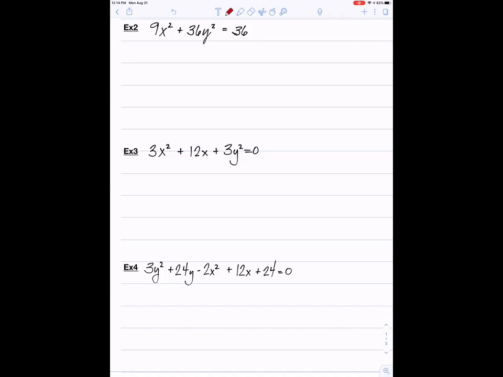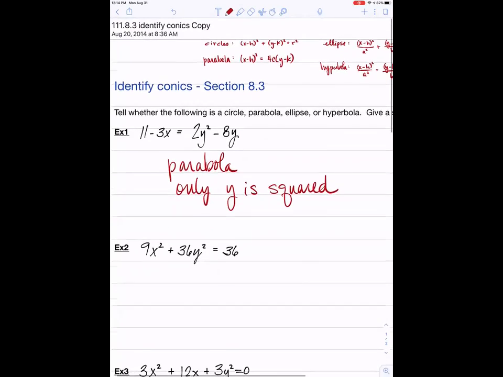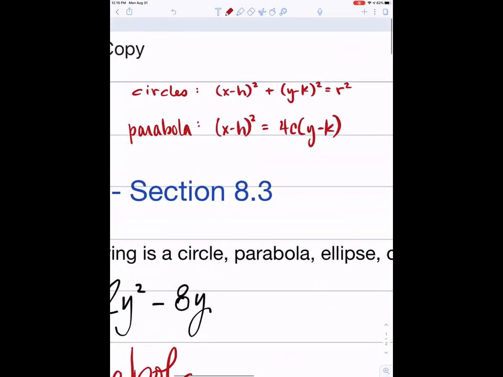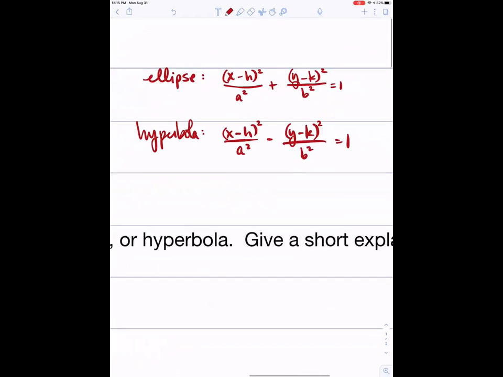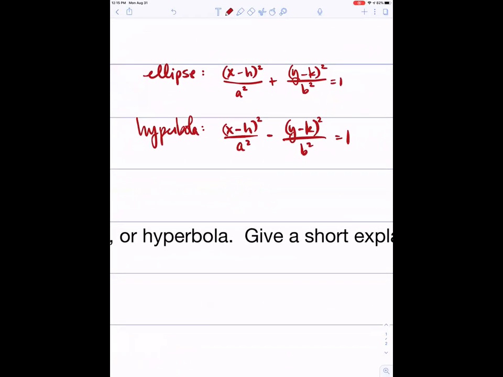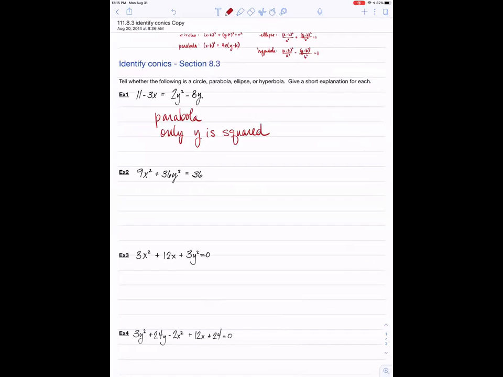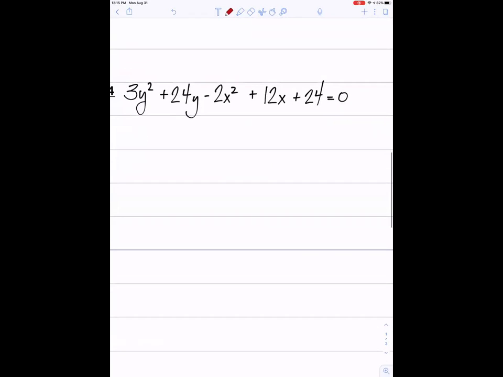Now, what's the only conic section that has a negative on one of the squared terms? The hyperbola. Come back up to your 4 equations. For my circle, both squared terms are positive. Parabola only has 1 squared term, so I'm not looking at that one. But for my ellipse, both squared terms are positive. It's only the hyperbola that one of the squared terms is negative. All right, so for example 4, we're going to say it's a hyperbola.